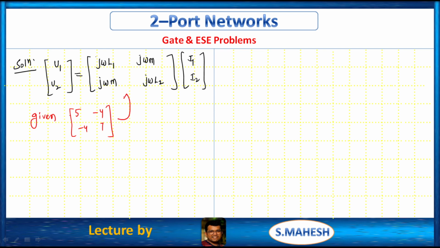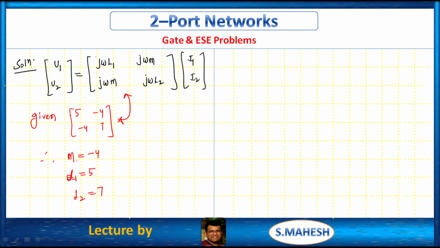Then compare this matrix with this matrix. Therefore M equals minus 4, L1 equals 5, L2 equals 7. That j omega is nothing but common for every inductance.